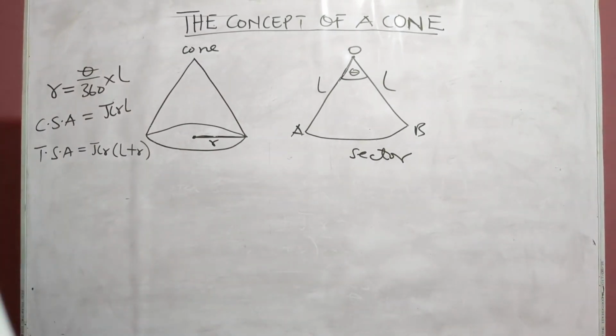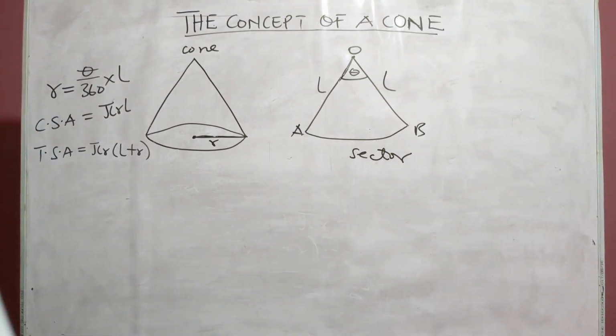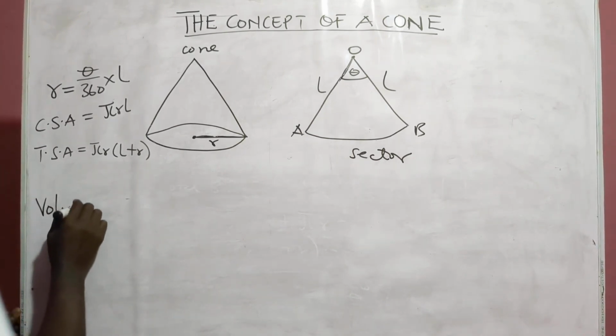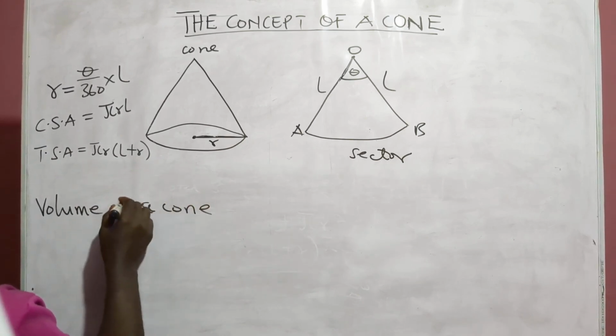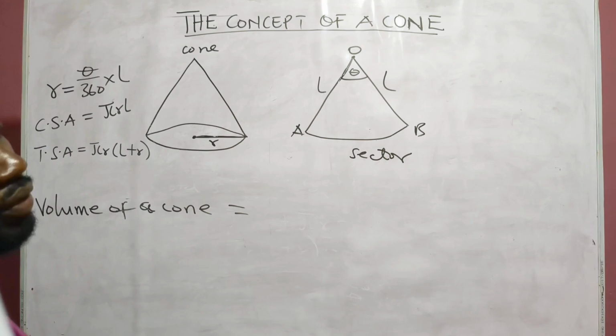Now, I think what is left is the volume of the cone. So what will be the volume of the cone? The volume of a cone is 1/3 the volume of a cylinder.